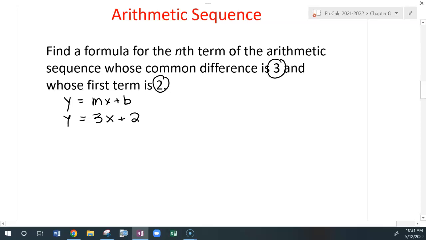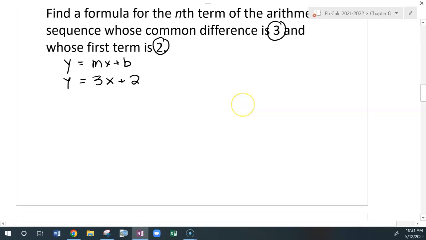But we're in sequences, so I'm going to change letters to use sequence notation.